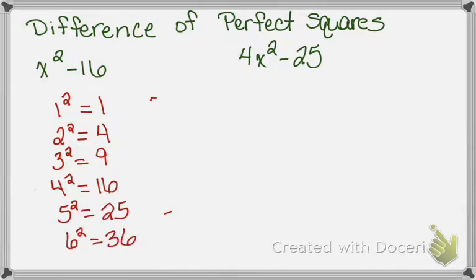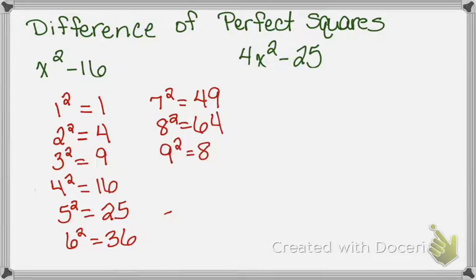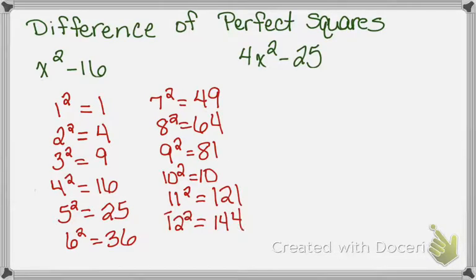Okay, 7 squared. 8 squared. 9 squared. 10 squared. 11 squared. Oh, excellent. 12 squared. Good. Okay. These numbers here are your perfect squares. Okay?